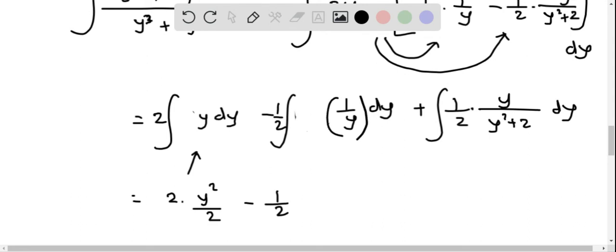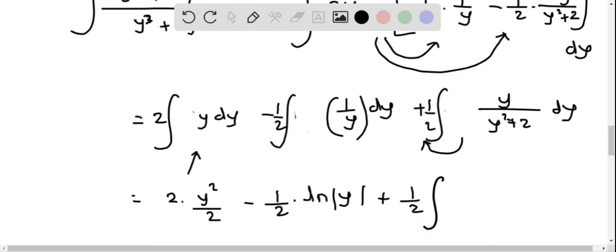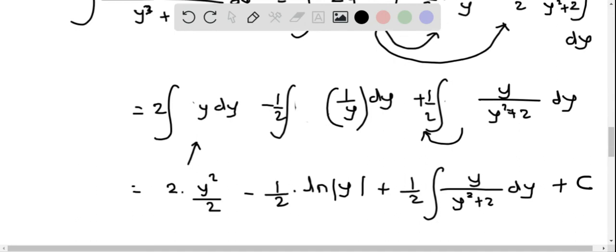So the integral of 1 over y is the natural logarithm of the absolute value of y. Plus, once again we factor this half out of this integral, so we can put this half over here. Then we have to integrate only y over y squared plus 2. So let's put 1 by 2. I'm going to write this integral as it is, y over y squared plus 2 dy. We also put the integral constant c.